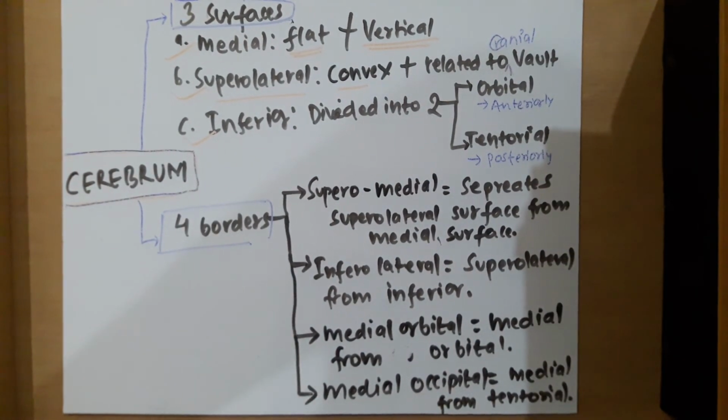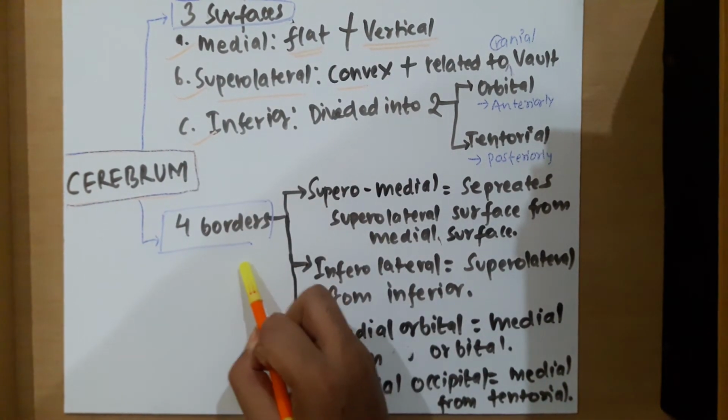So these are the three surfaces presented by the cerebral hemisphere, and it has four borders.